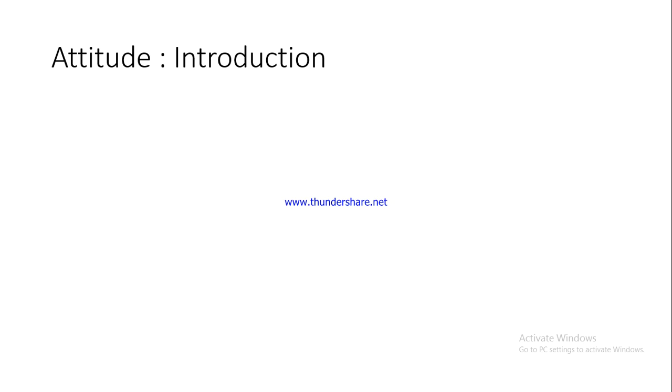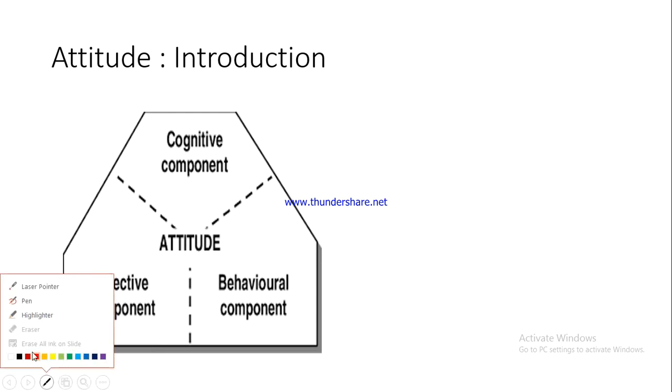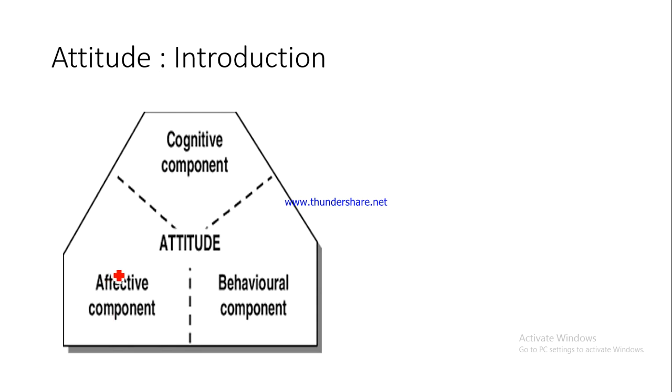Basically, as far as attitude is concerned, please understand that you have already probably read about it in organizational behavior, and you would also be reading about it in consumer behavior as well. So attitude is basically a psychological construct, right? And it comprises three components: the cognitive component, the affective component, and the behavioral component, right? So let us understand what we mean by these three aspects.